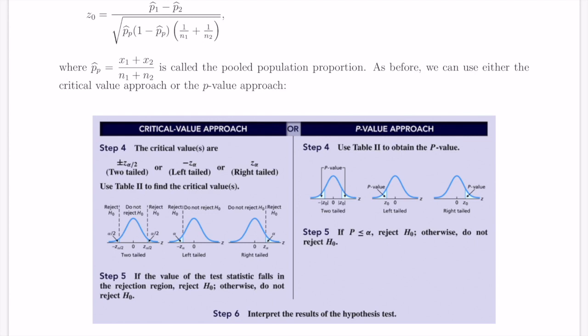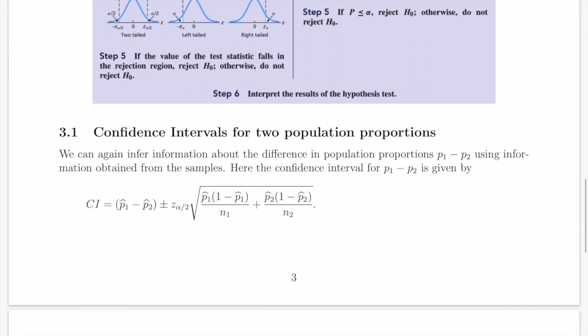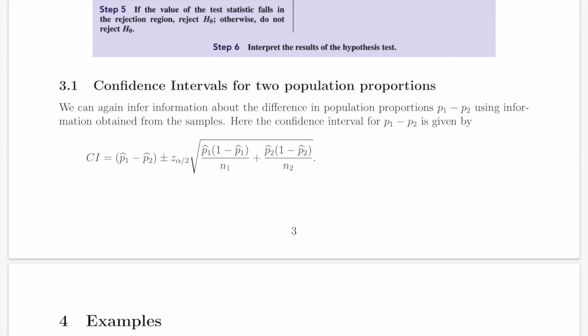One more thing to talk about here is confidence intervals for two population proportions. Here we have a formula for how to find a confidence interval given a significance level alpha, so your confidence level is 1 minus alpha. It turns out that this is the quantity that you'll use to get a confidence interval for the difference in the two population proportions.